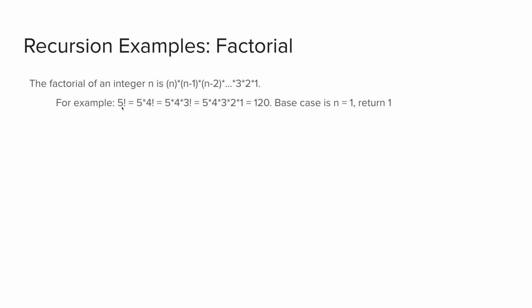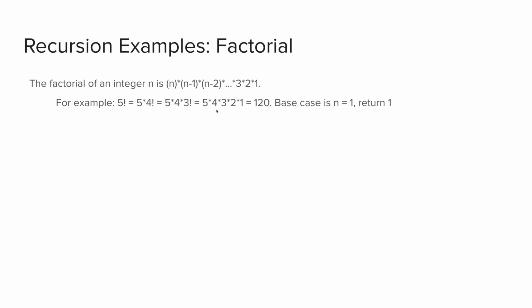We define 5 factorial as 5 times 4 factorial, right? So taking the bigger problem, redefining it with a smaller problem, and that trend can continue. 4 factorial also means 4 times 3 factorial. So fast forward, 5 factorial is 5 times 4 times 3 times 2 times 1.